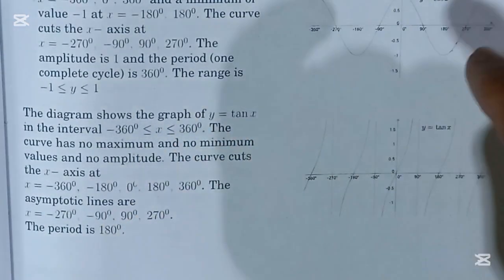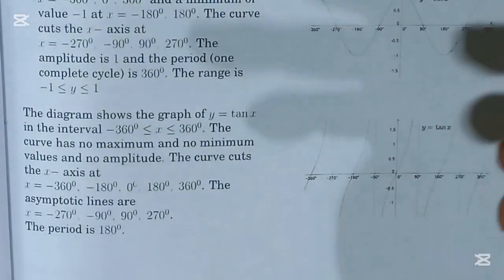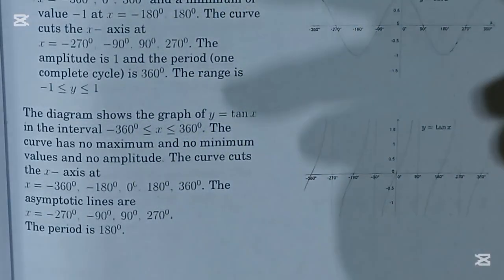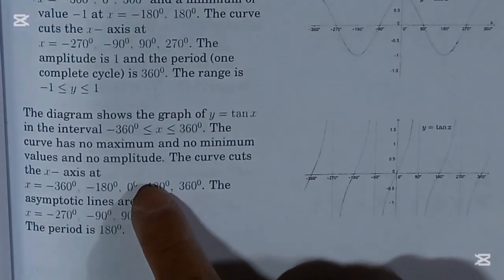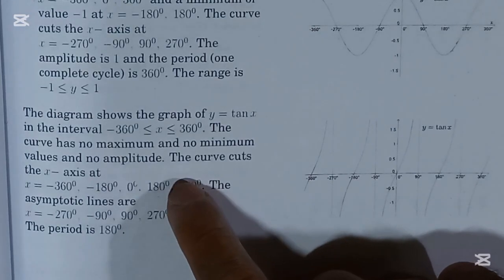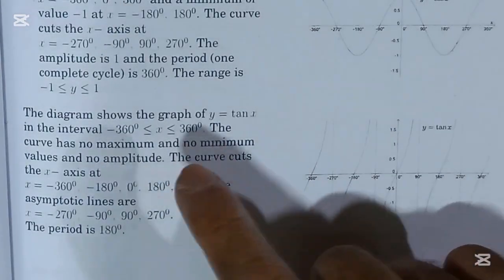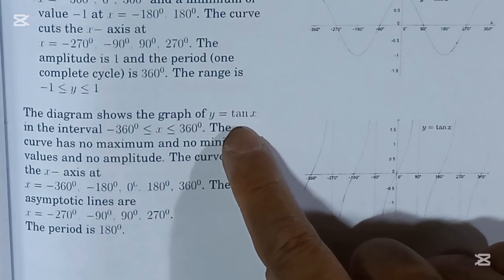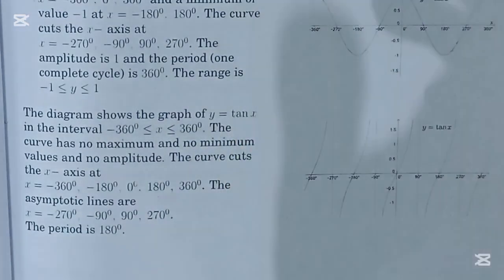Next thing, the points where the curve cuts the x-axis, amplitude and period, etc. These things have to be discussed in the graph, and you have to memorize and understand these concepts. Because if you understand and memorize these concepts, the rest of the graphs of tan theta will be much easier for you. For example, tan 2 theta, tan 3 theta, and so on.